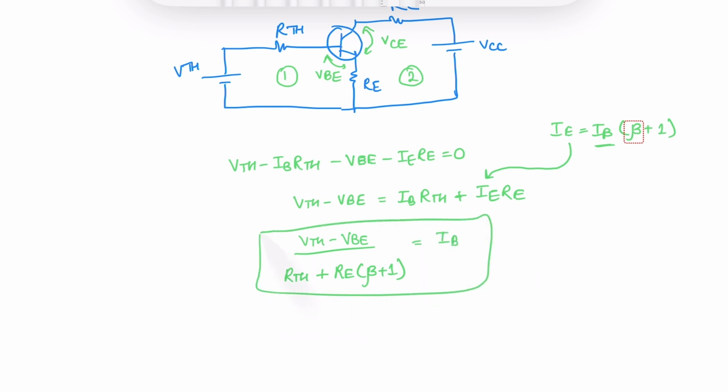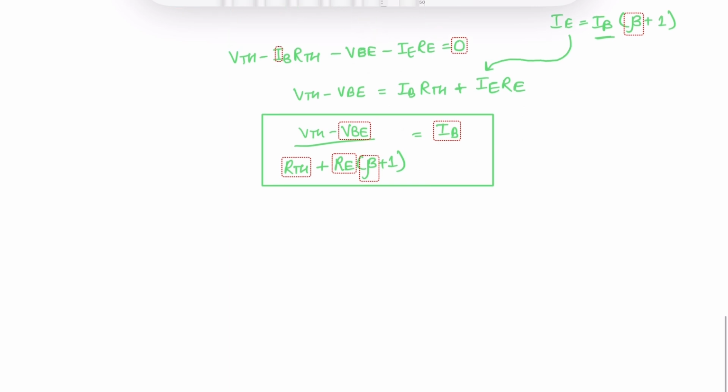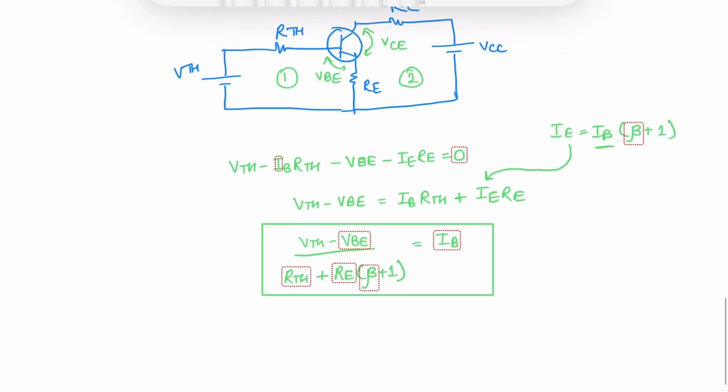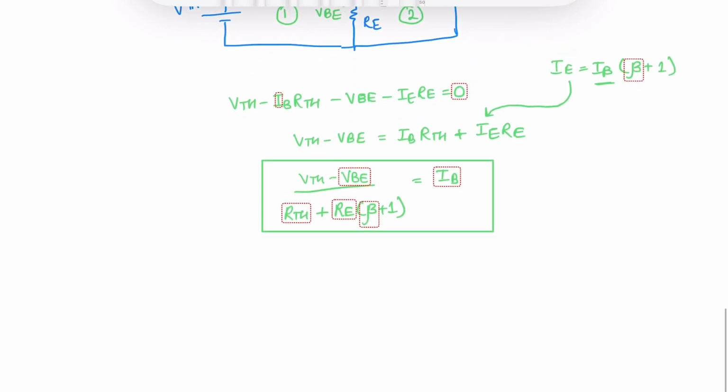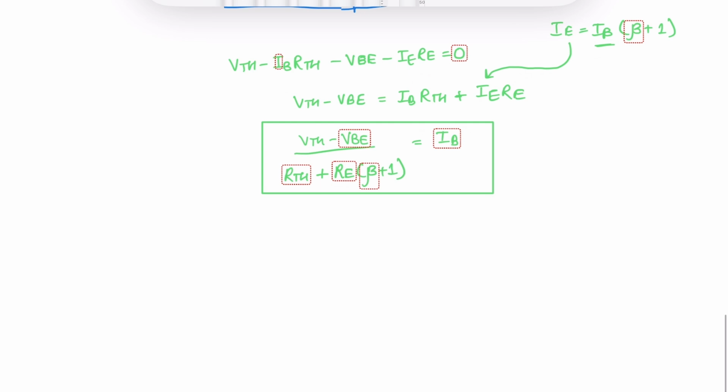This is our equation, and similarly we can write down the equation for the second loop, and it's going to give us that VCC minus IC times RC plus RE is equal to VCE.